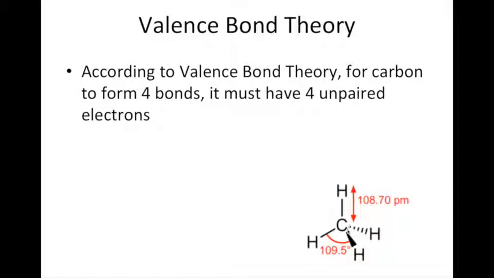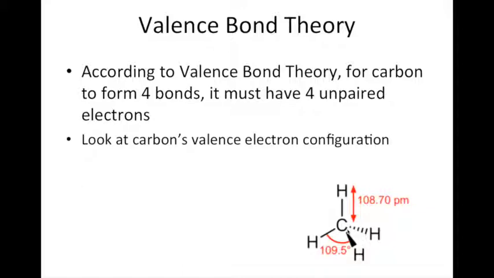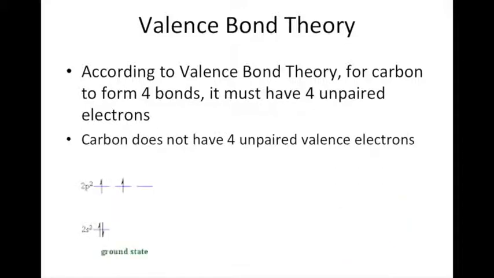Well, if we analyze carbon's ground state electron configuration, we see that carbon doesn't have 4 unpaired electrons. The valence electron configuration for carbon is 2s2, 2p2. So carbon, according to valence bond theory, might not be able to form covalent bonds, or at least 4 covalent bonds.